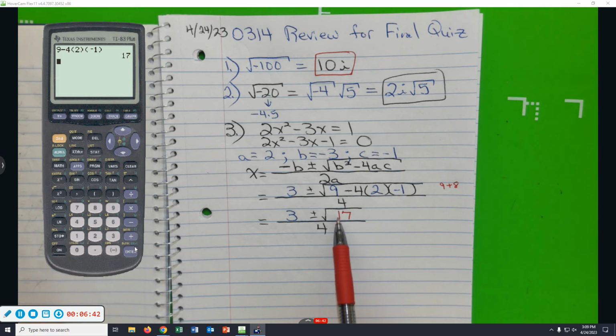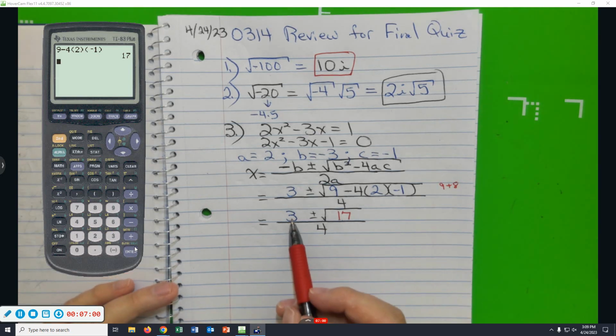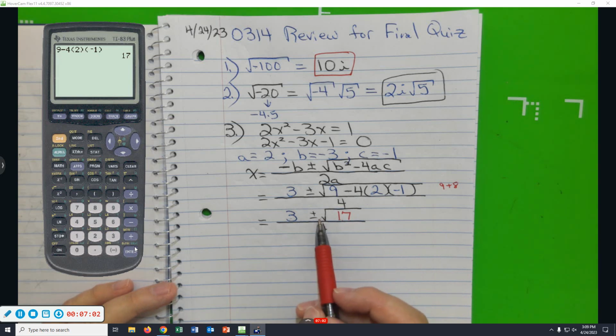Notice this number underneath there, 17 is not a perfect square. As a matter of fact, it's a prime number. You can't reduce the square root of 17. Now if it were negative, we'd have to write it with an i and split up. But since there's no i, is there anything we can factor and cancel?